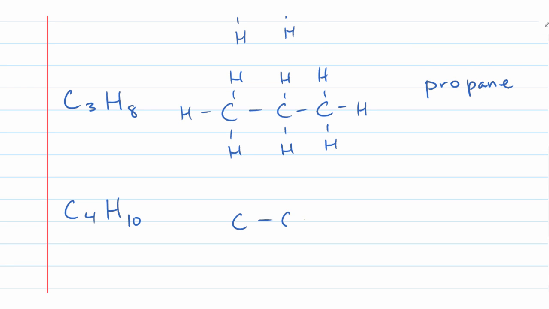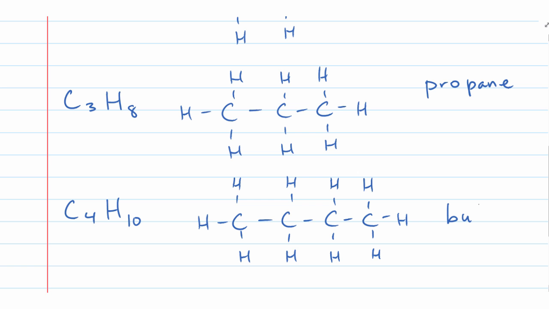So we put together the 4 carbons, surround it here with the hydrogens. Looks like this. And the name of this one here is butane. So if you have a butane lighter or butane torch, sometimes you have a propane torch.